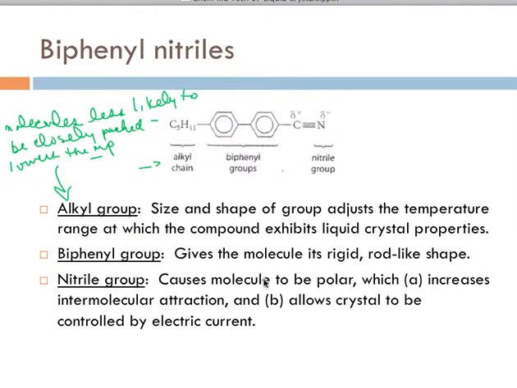This is the one that causes the molecule to be polar, which increases the intermolecular attraction and allows the crystal to be controlled by electric current. So it's this functional group that does the two functions. These tend to be stable because of the alkyl group chain being unreactive and the stability of the benzene rings.